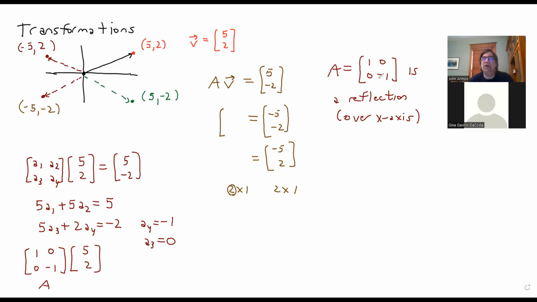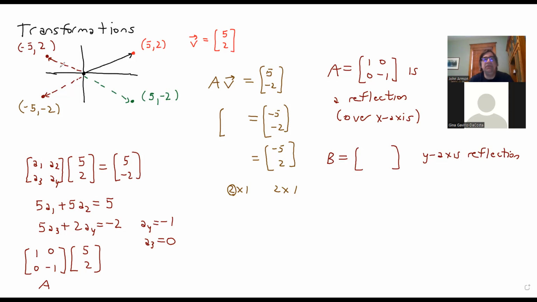Knowing that, you can come up with similar matrices for the other 2 transformations. So how would I get a -5, -2? How would I get a -5 and a 2? And I think you can see these are going to be variations of some type of identity matrix. So if I want to describe matrix B as a reflection over the y-axis, remember this one changed the y-coordinate, and notice where the -1 was.